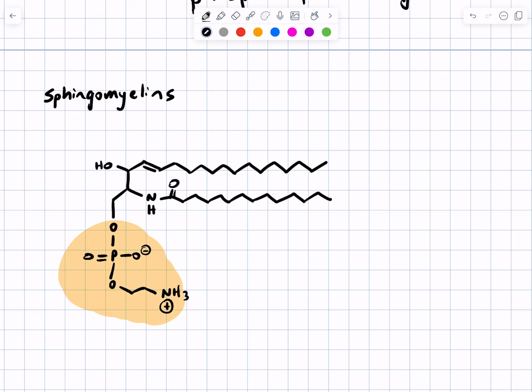So for sphingomyelins, you have this long nonpolar tail here, and you have this other nonpolar tail here. But these can integrate with the lipid bilayer in the same way that a phospholipid can. It's just like one of the two chains is different from the other.